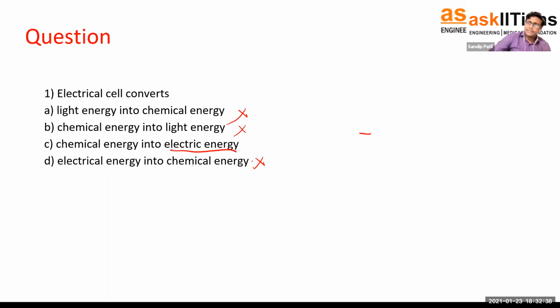When we talked about the cell, I said there is an electrolyte. That electrolyte means there are chemical things there. So the energy in that compound will be chemical energy. So I can see here chemical energy is getting converted into electrical energy. Okay. Let's move to the next question.